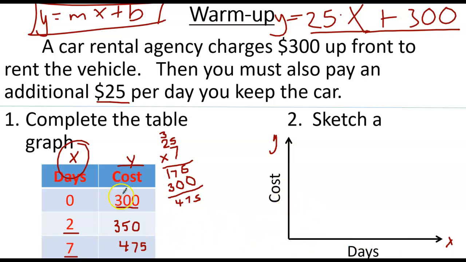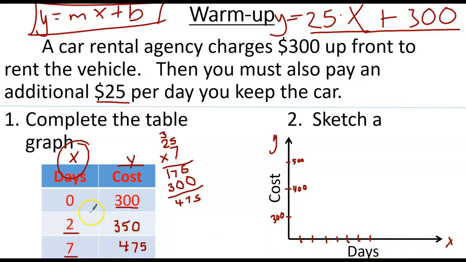I'm going to put 300 right here, 400 right here, and 500 right here. And as for days, we're going up to 7. So 1 day, 2 days, 3 days, 4 days, 5 days, 6 days, and 7 days.